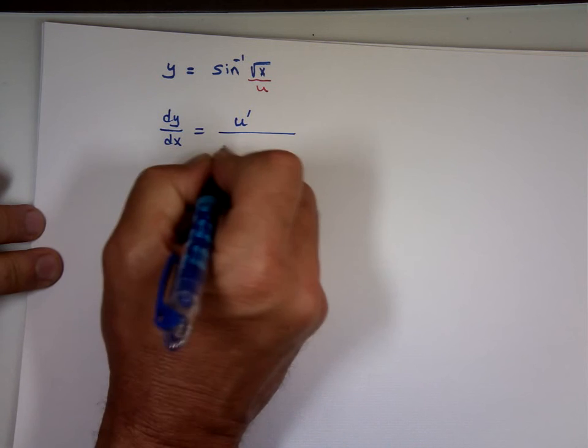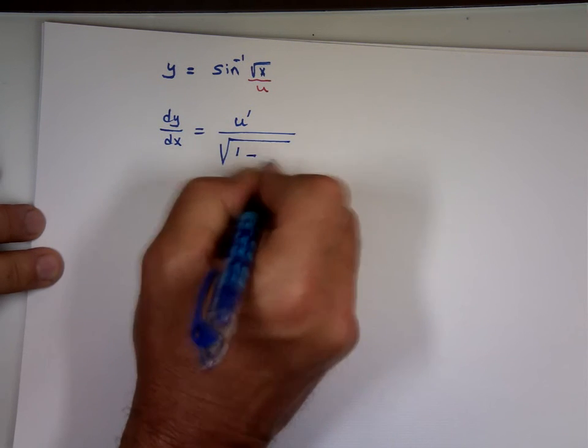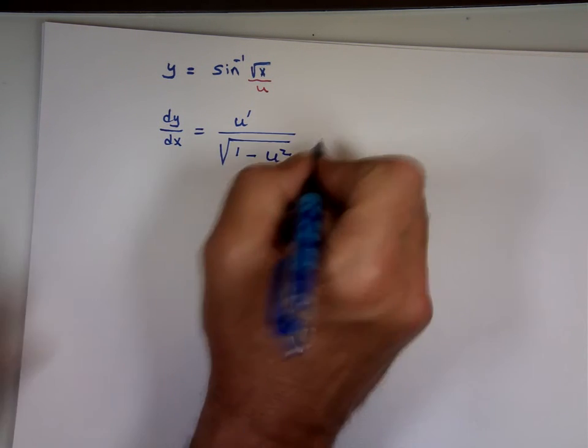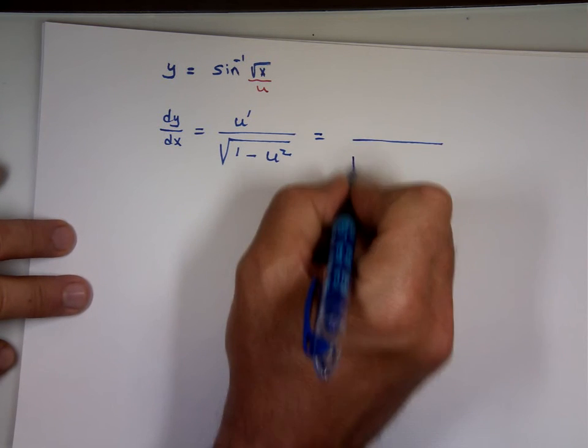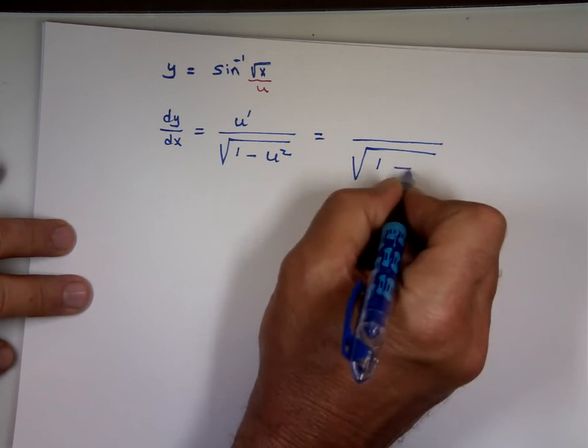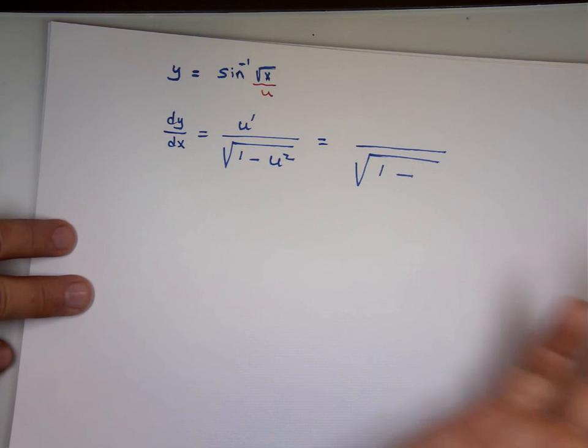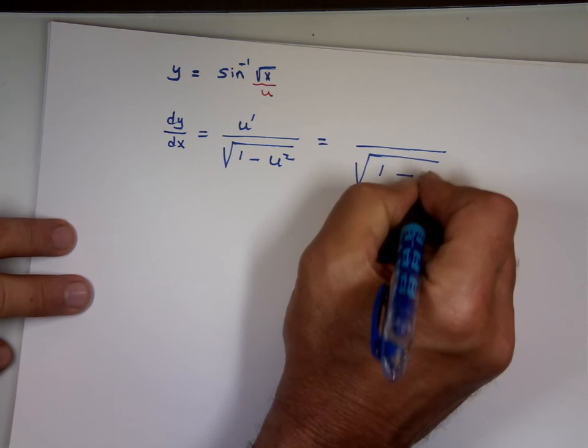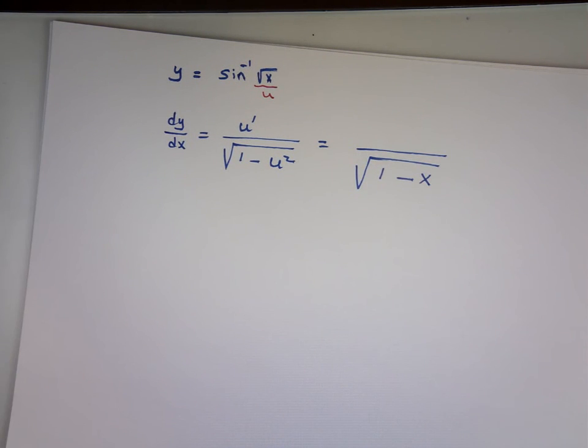Square root of 1 minus u squared. So in the bottom, that's an easy one. 1 minus, when you take a square root and square it, what happened to the square root? Gone. But what's going to be on the top? What's the derivative of the square root of x?